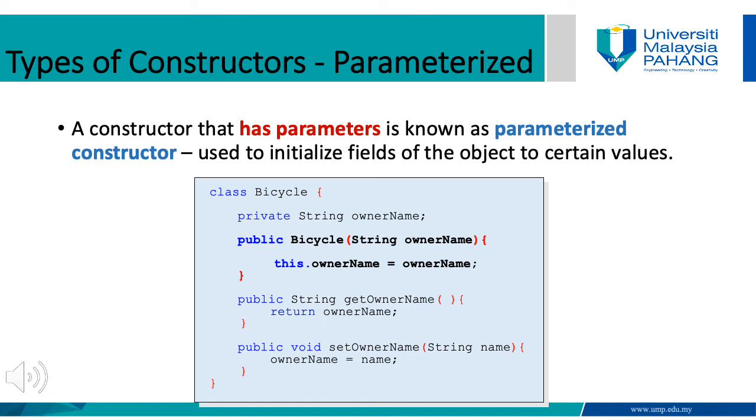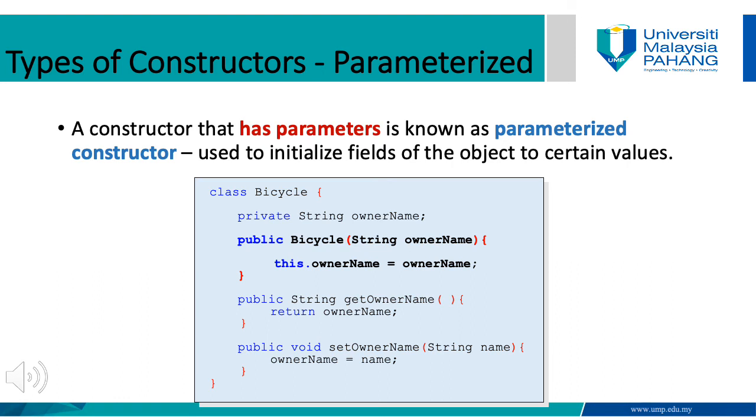For example, here in the class Bicycle, at the second method, public Bicycle(String ownerName), the parameter that is set to this method is the owner name.